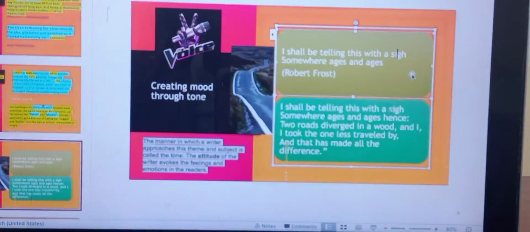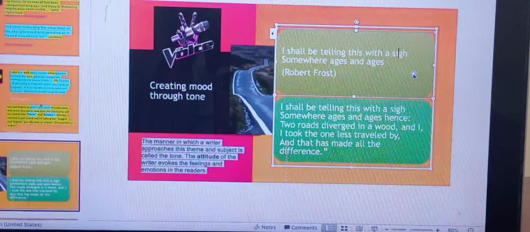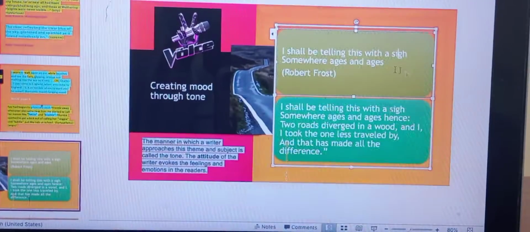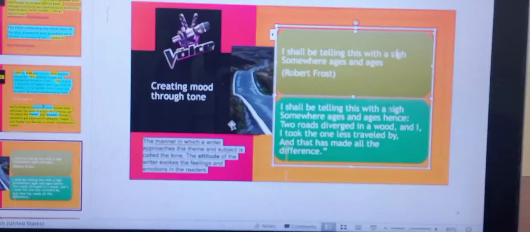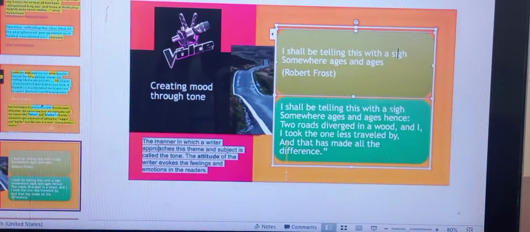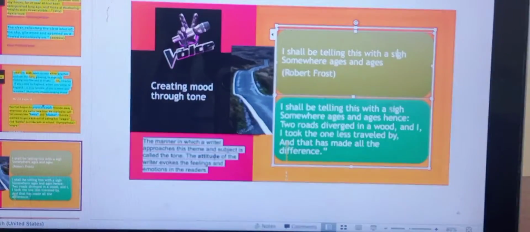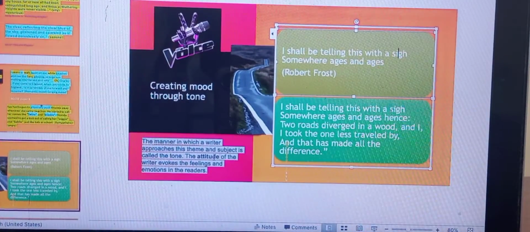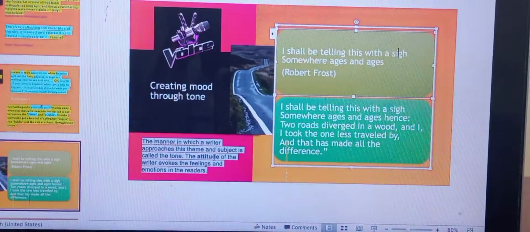So he is sighing, there's a sigh being used, and usually the manner in which a writer approaches the theme or subject is called the tone. The attitude of the writer invokes feelings and emotions in the reader.